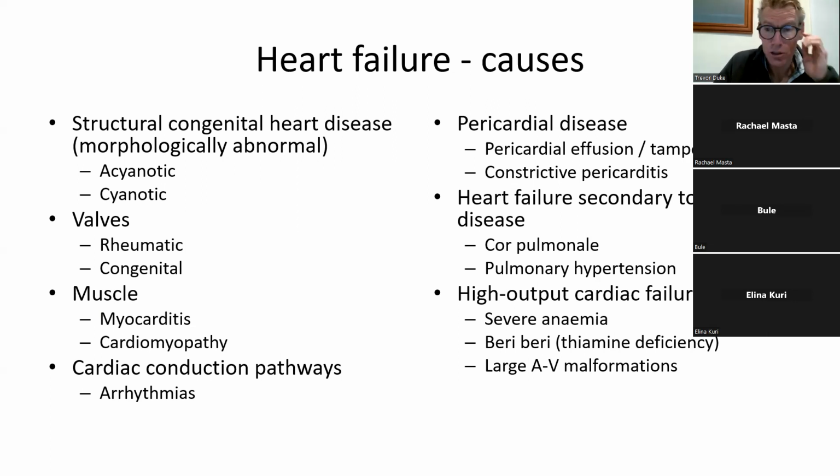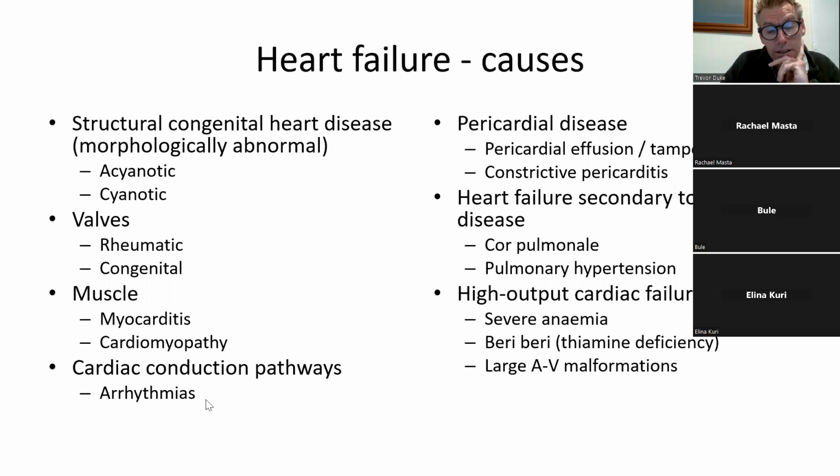There's a myriad of different types of cardiomyopathies. You don't need to know about all the different types, but just know that they're all problems of the heart muscle, and some of them are acute viral inflammatory related, and some of them are congenital in nature. We'll talk a bit more about cardiomyopathy as we go along.